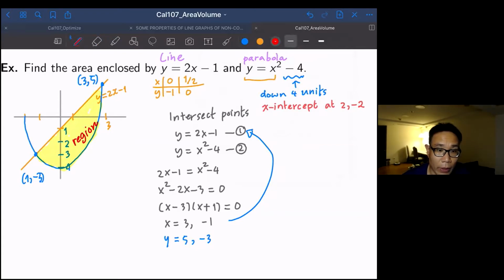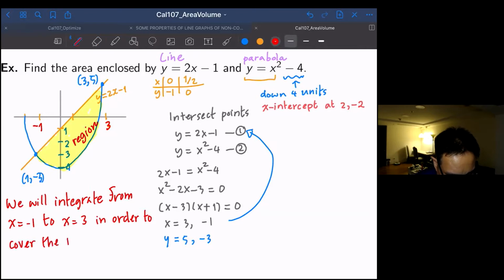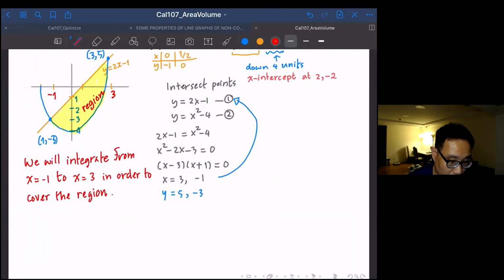So you see that we're going to integrate from x equal to negative 1 to x equal to 3 in order to cover all the region. So the area turns out to be the integral from -1 to 3.